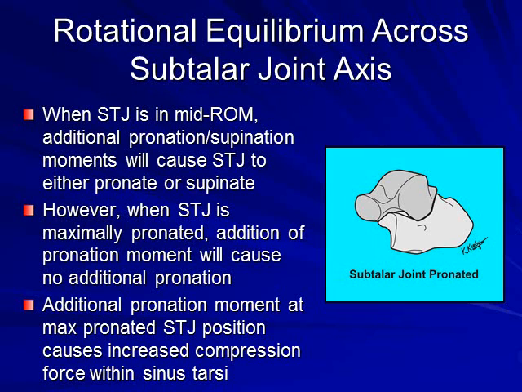So, going from the position where we're just lightly pronated here, then we add a little bit more pronation moment. The interosseous compression force increases slightly. We add a little more pronation moment, and it increases even more. And if we add a great amount of pronation moment, that interosseous compression force increases even further.